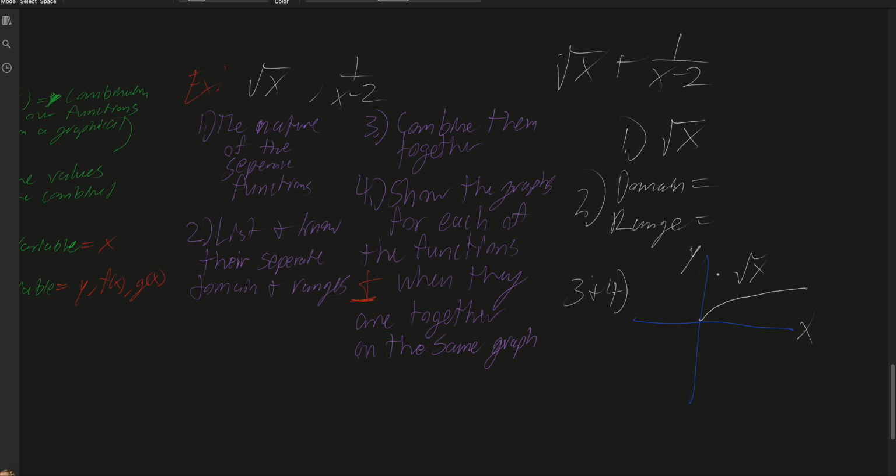So our domain, in proper notation, would be all the values, including 0, all the way to positive infinity. That would be our domain. And the range, we can also say the same thing: 0 all the way to positive infinity.